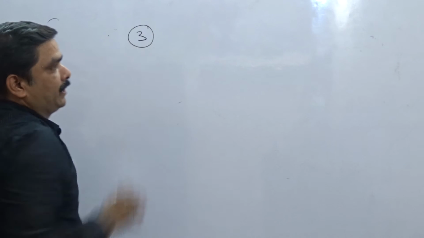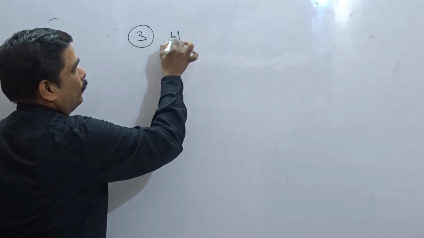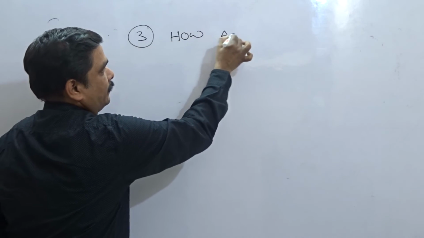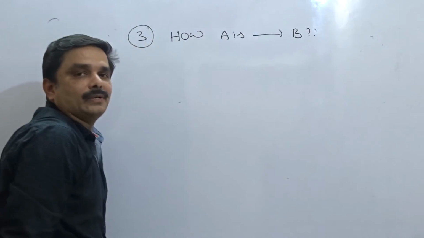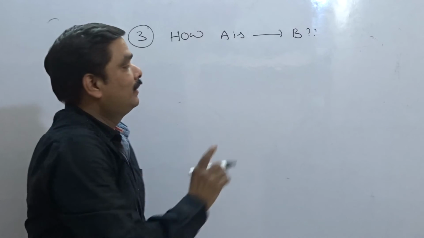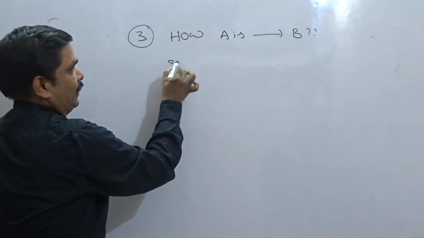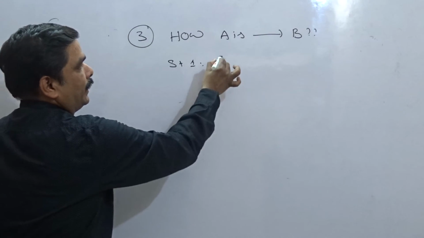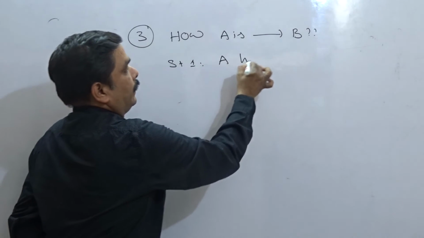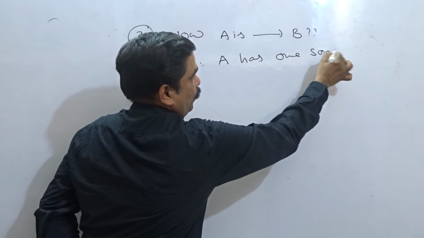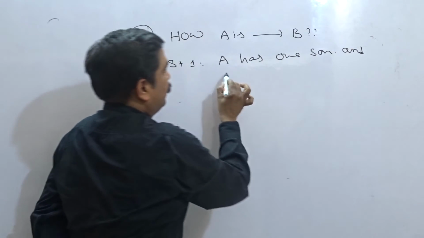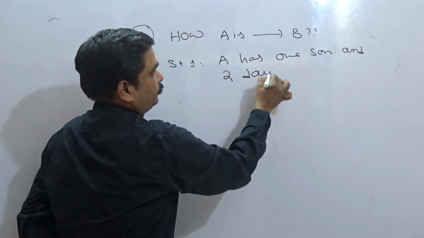Third question I'm explaining you now. How is A related to B? That is the question. A simple one, right? The first information they have given, statement 1: A has one son and 2 daughters.